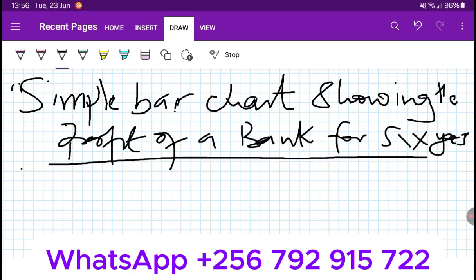You can underline if you want to. Of course, we get this from the question.